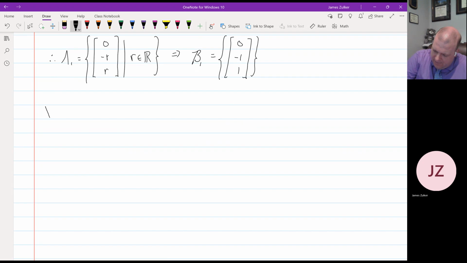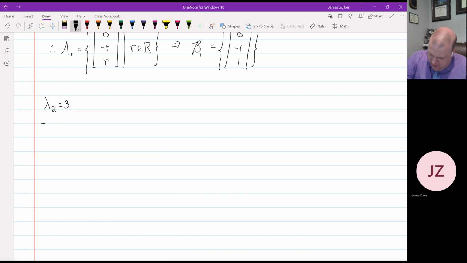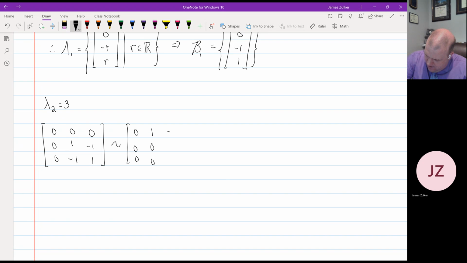Let's now look at the eigenvalue 3. This row reduces. Meaning X1 can be any real number. And then X2 would have to be X3.